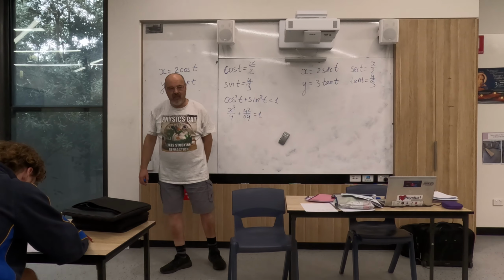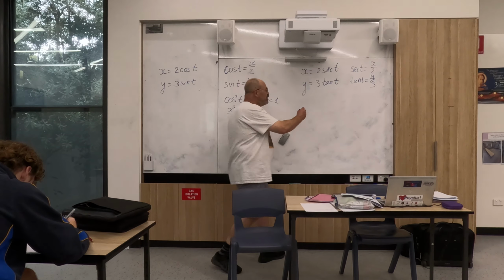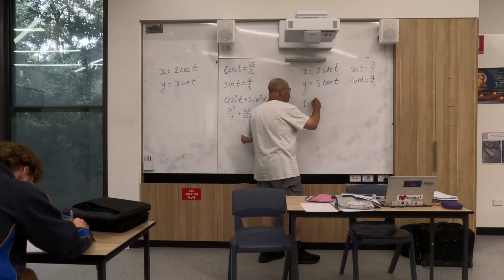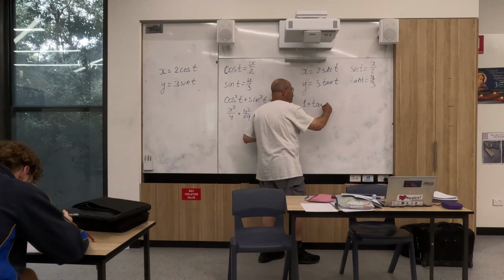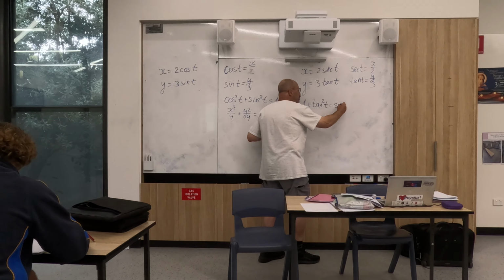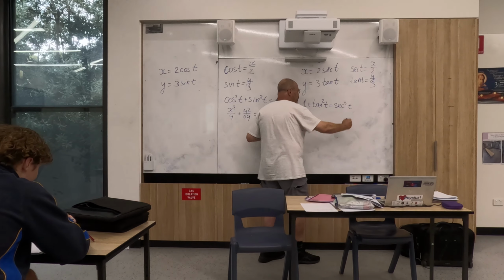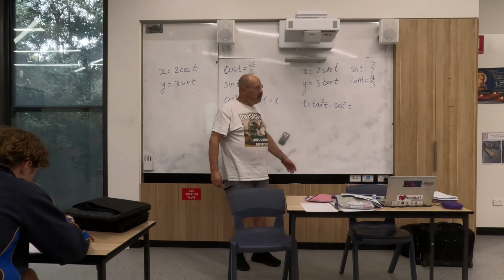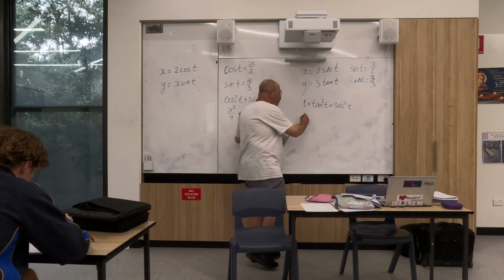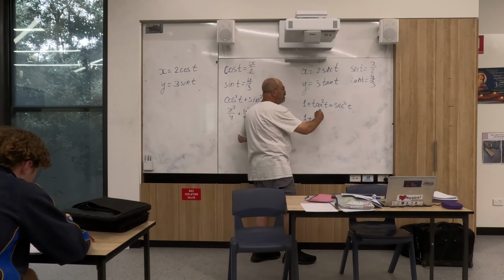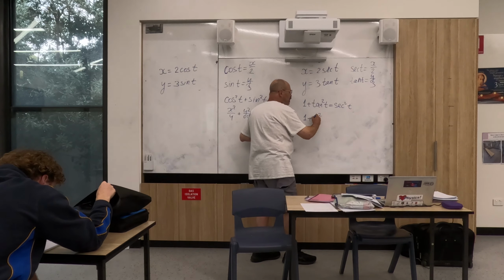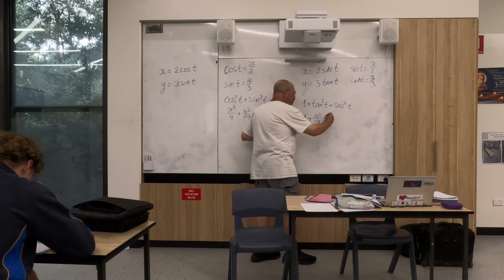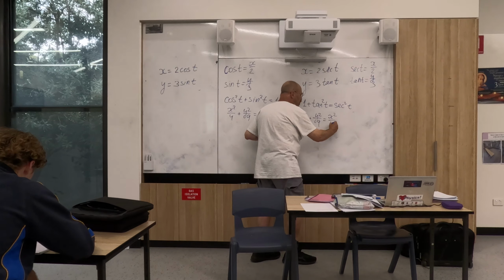Yeah, we have 1 plus tan squared t equals secant squared t. And substituting, we get 1 plus y squared on 9 equals x squared on 4.